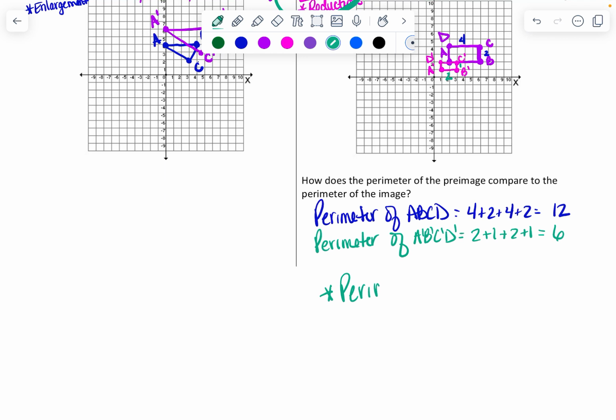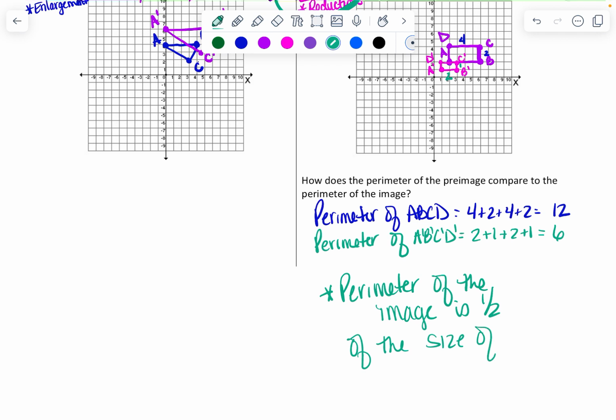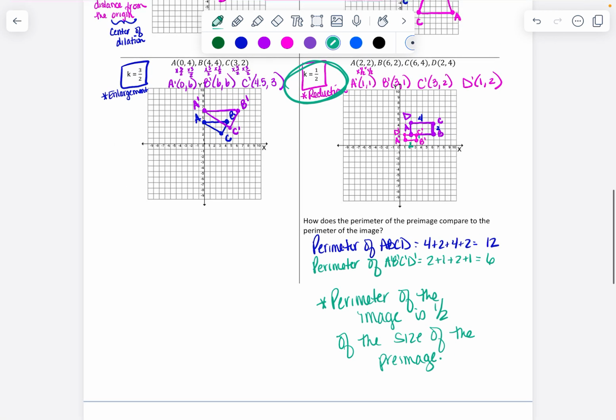So the perimeter of the image is 1/2 of the size of the pre-image. So one more time, if you are reducing all the side lengths by half, it should make sense that the sum of those side lengths is also reduced by half.